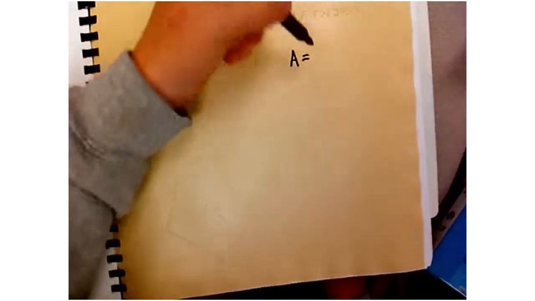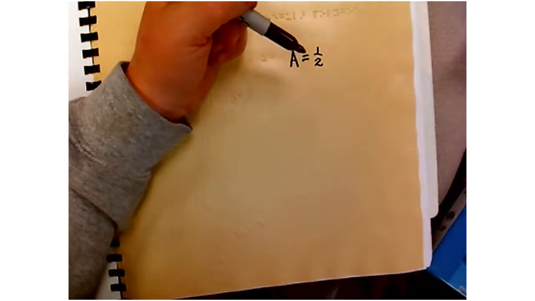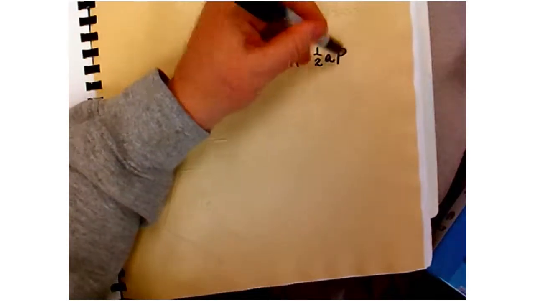Now, before we start, let's review. What is the area formula for a regular polygon? Area equals what? 1/2. Nope, not base times height. That's a triangle. The apothem, times what? The perimeter, right.